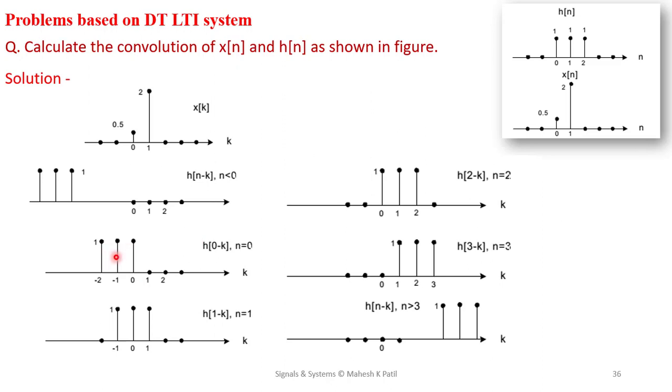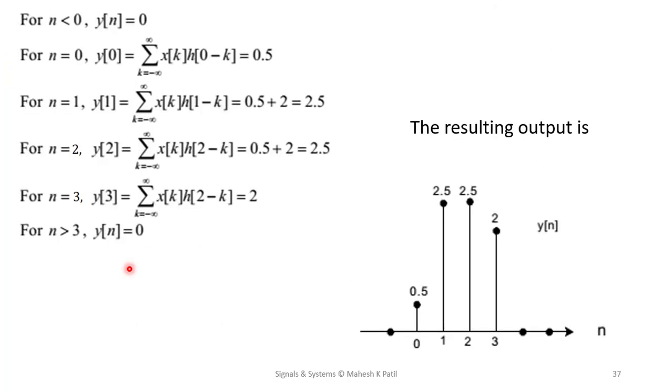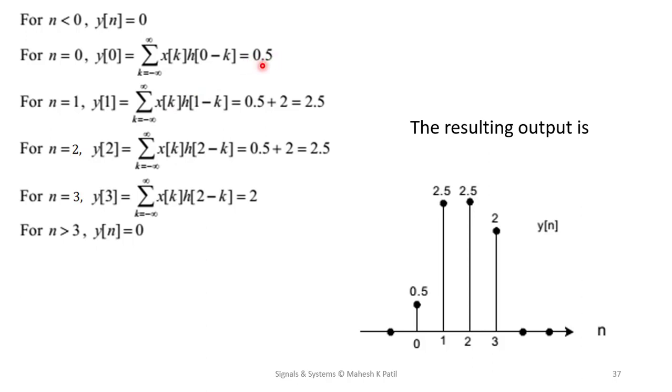So this signal into this signal, this multiplication is observed between this signal and this signal. So you can observe here this multiplication, as far as n equal to 0 is considered. So for n equal to 0, here the magnitude is 1 and here the magnitude is 0.5. So the output is 0.5.